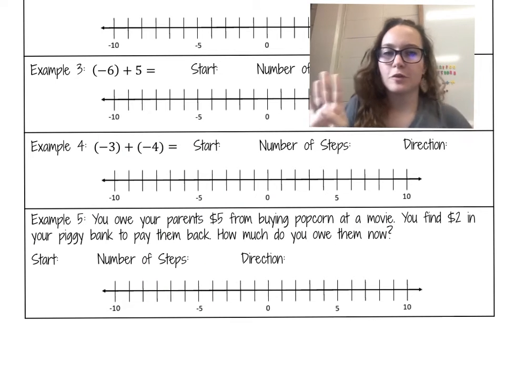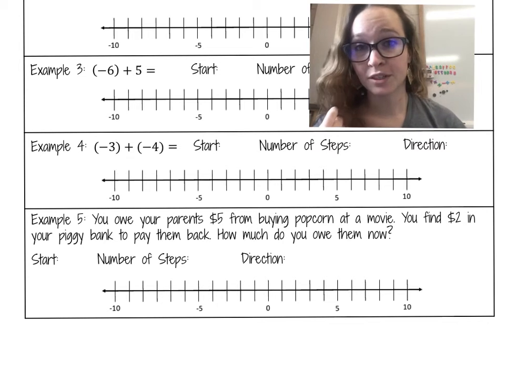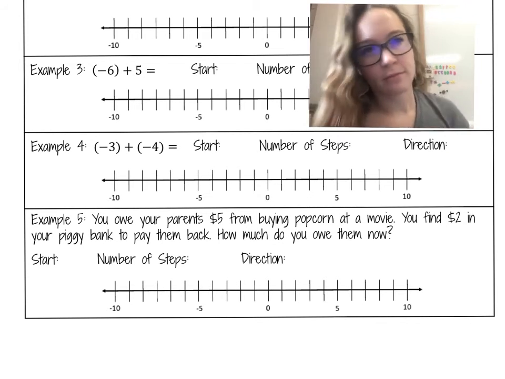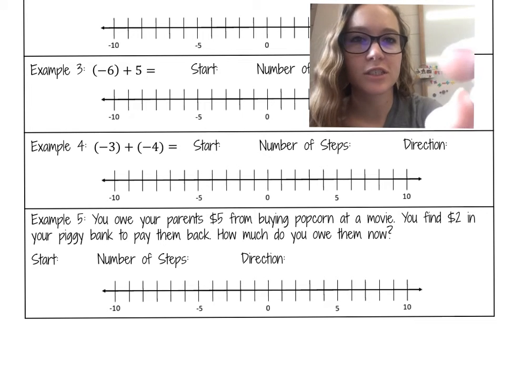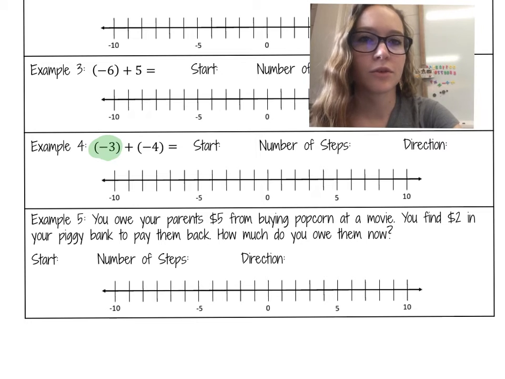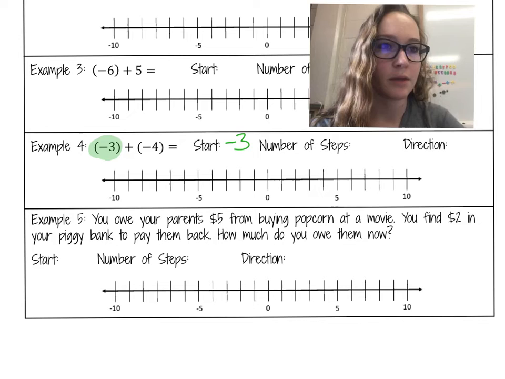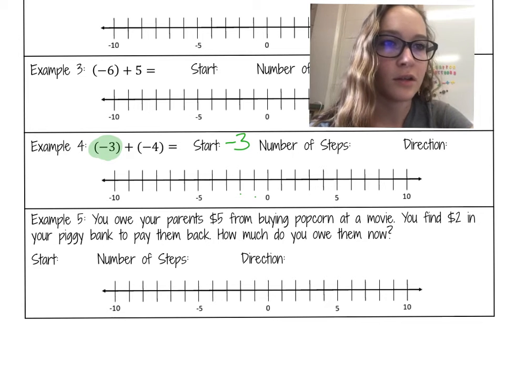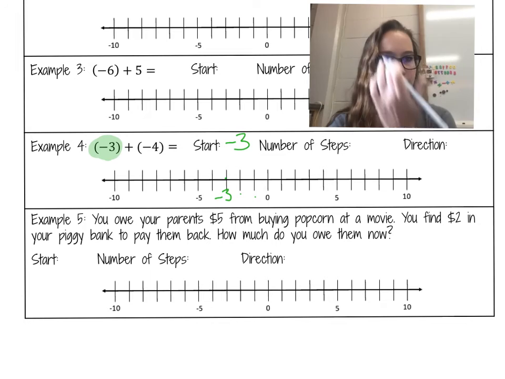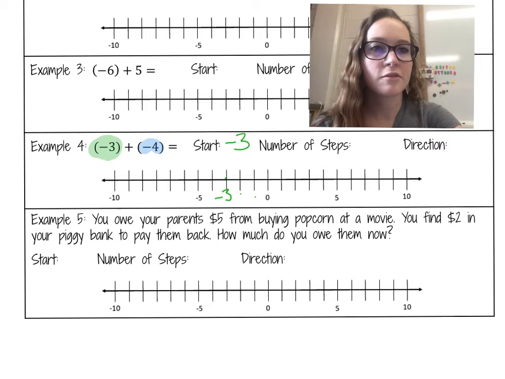All right, example 4. Now we have 2 negatives. Do you think we can do it? I think you can. Okay, so again, the first number tells us where to start. So here we have -3. So I'm going to find -3 on my number line. -1, -2, -3. Okay, my second number is -4.